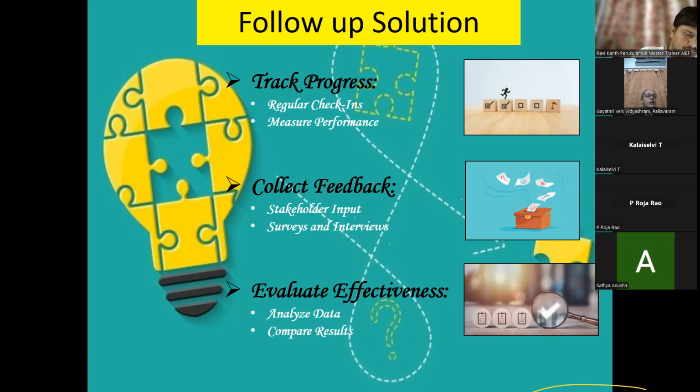Monitor regularly. As tracking progress tells you, we need to schedule regular meetings or reviews to assess the status of the implementation. Whatever solution we implemented, we need to have a regular review of it. And using key performance indicators, we need to evaluate whether we have reached the expected outcomes.